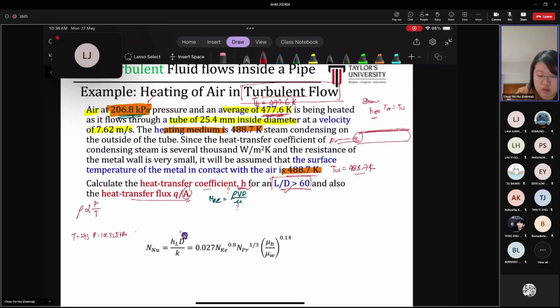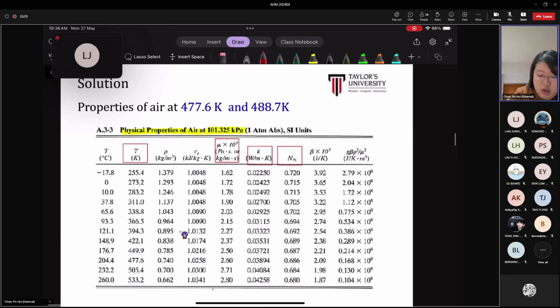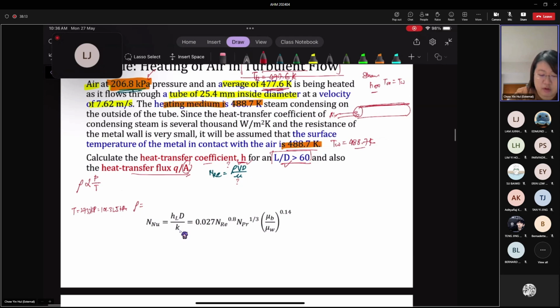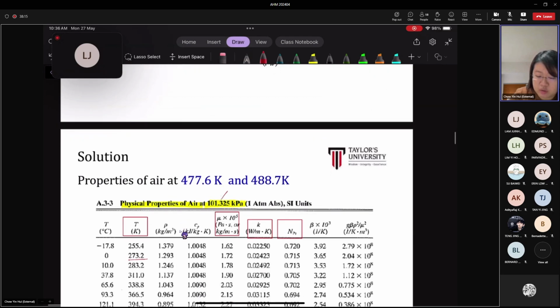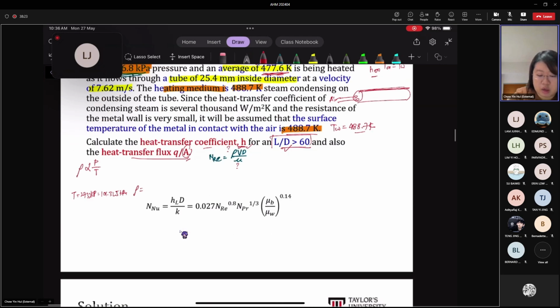In table A33, at temperature 273.2 Kelvin and 101.325 kilopascal, the density is 1.293 kilogram per meter cube. I'll note it here.